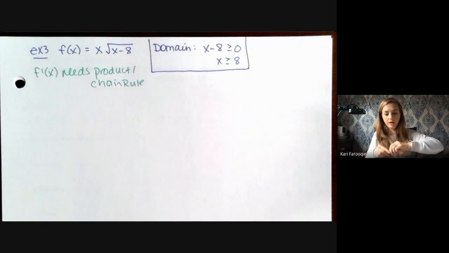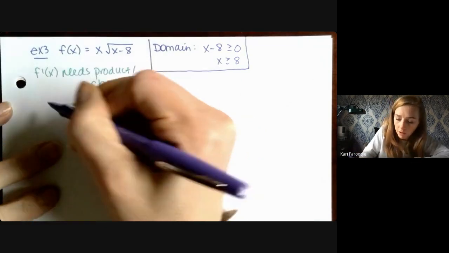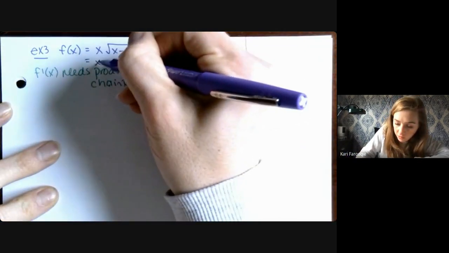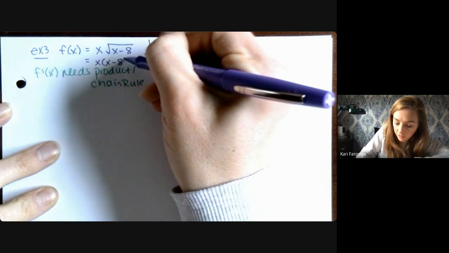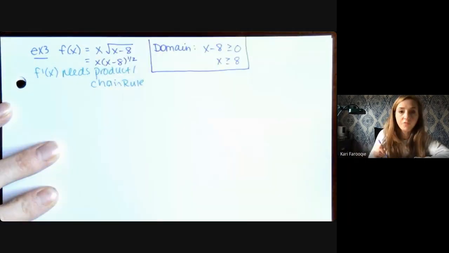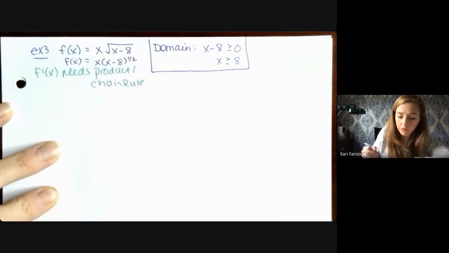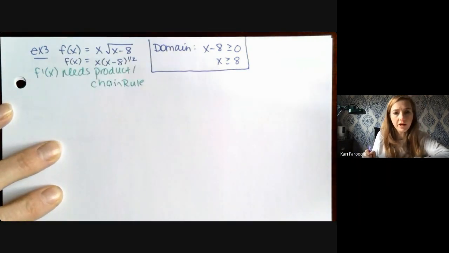So we will go ahead and find this derivative. If you would like, you might want to rewrite this notation to be x times x minus 8 to the 1/2 power. We'll make your derivative a little bit easier to see with that rational exponent.